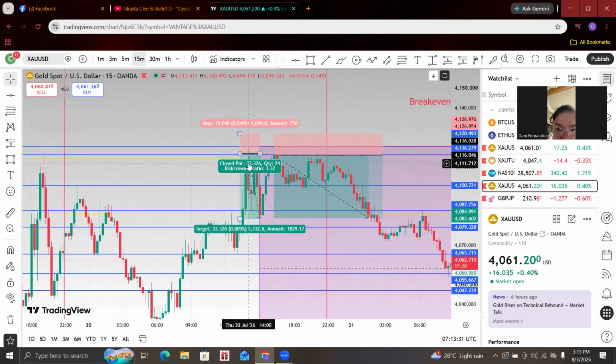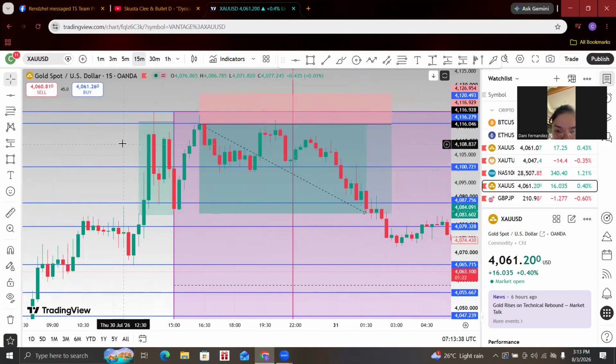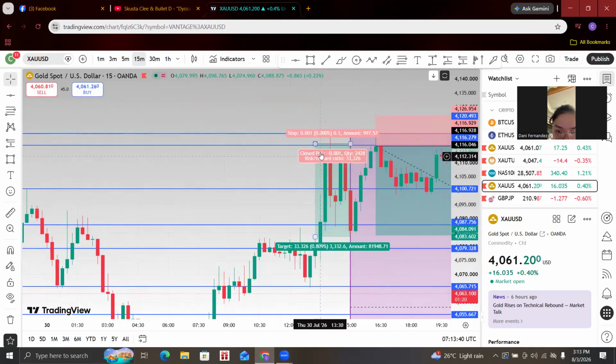Ang SL mo niyan, ilalagay mo 10 pips below ng entry price mo kapag nakasell ka. So, ang entry price mo is 4116. I-adjust mo yung SL mo ng 4115, para kahit bumalik sa price na yan, unang-una, risk-free ka na, hindi na magagalaw ang capital mo, pangalawa, may profit ka pa na nakuha.